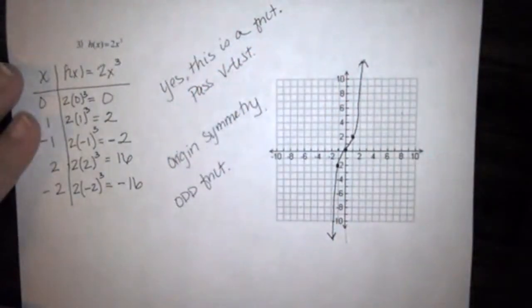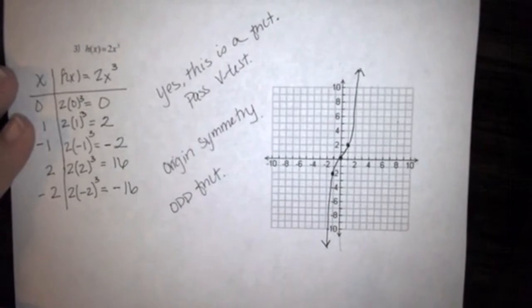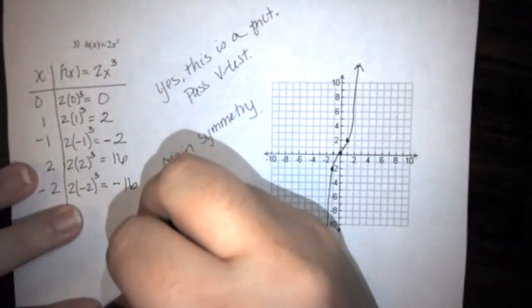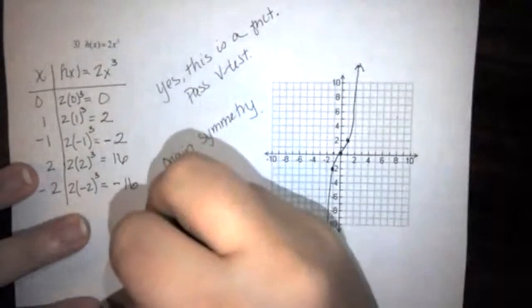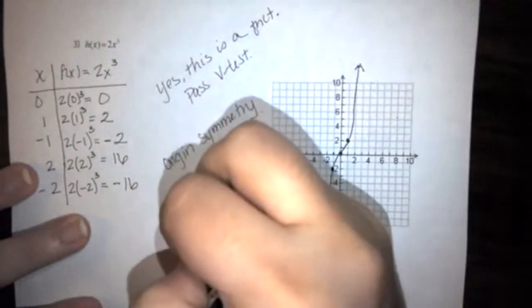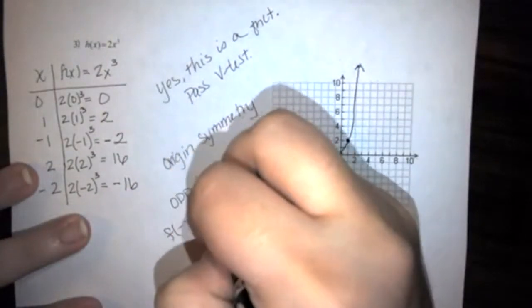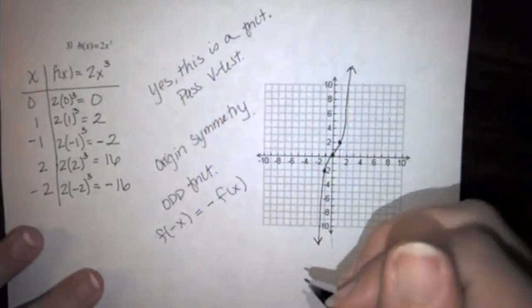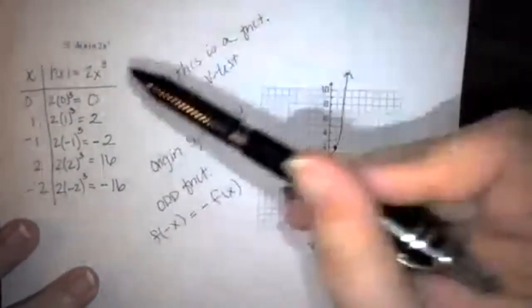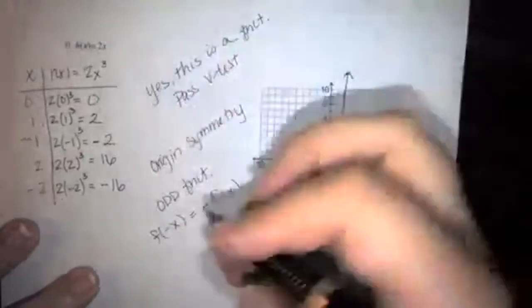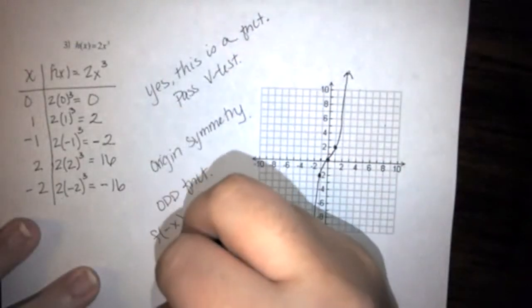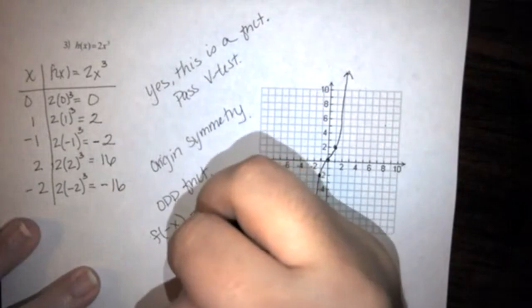We can prove that algebraically by very easily running our test. If we take f of negative x, what we should get is the opposite of what we started with. So we have 2x cubed, and we're going to do this as 2 times the negative x cubed.